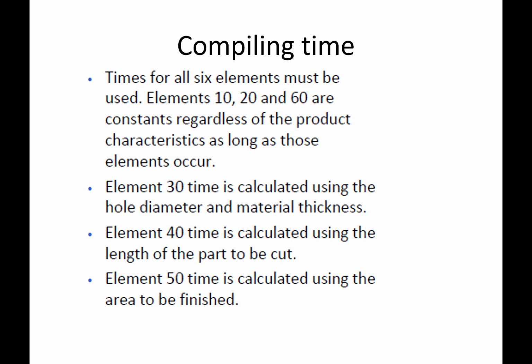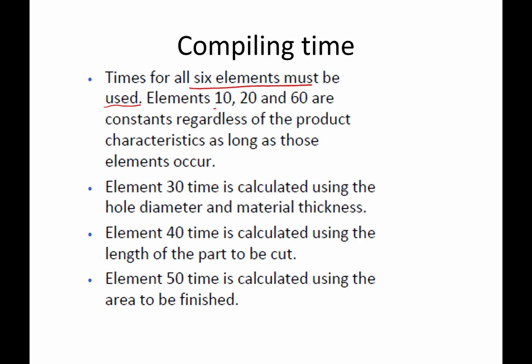Okay, so this is the last slide, which will show that time for all 6 elements must be used for compiling the time for the new job. So that time for elements like these 10, 20, and 60 are constant regardless of the product characteristics which is being manufactured.